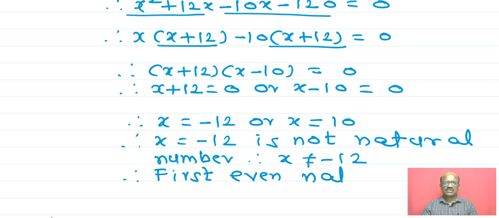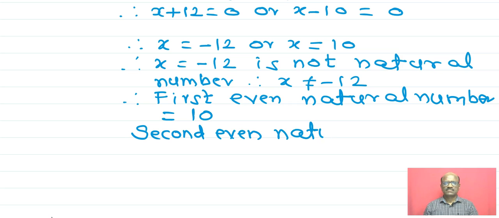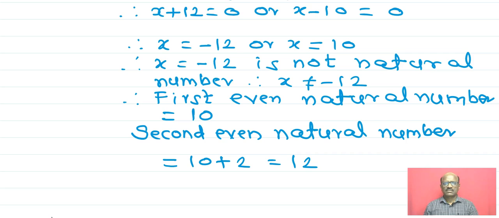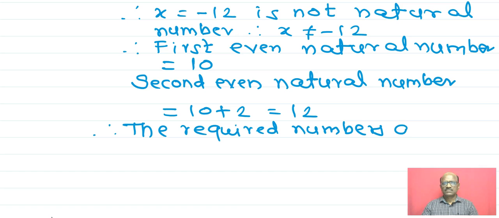Sum of their squares: 10 square is 100, 12 square is 144, and their sum is 244, and hence the numbers are correct. Therefore, the required numbers are 10 and 12.